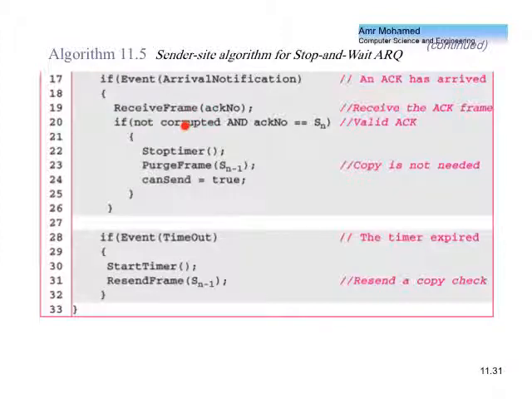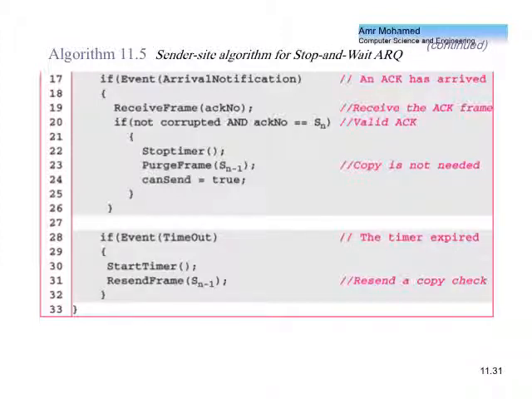And also I have to check that the acknowledgement is not corrupted, which means that I receive the acknowledgement and I can decode that this is an acknowledgement. Because we have a noisy channel, it might happen that the acknowledgement arrives, but I cannot decode it because it is corrupted.